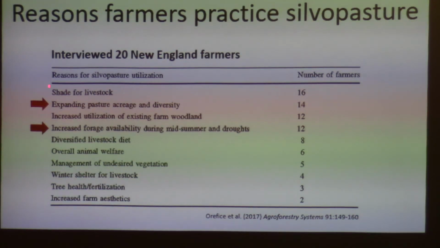And the fourth most common was increased forage availability during midsummer and droughts, right? Because these silvopastures are a little cooler, a little less heat intensive, and so some of these summer forages and cool season perennial grasses do better in that system, at least during those really droughty and hot periods. So there's a lot of reasons why farmers are interested in silvopastures.